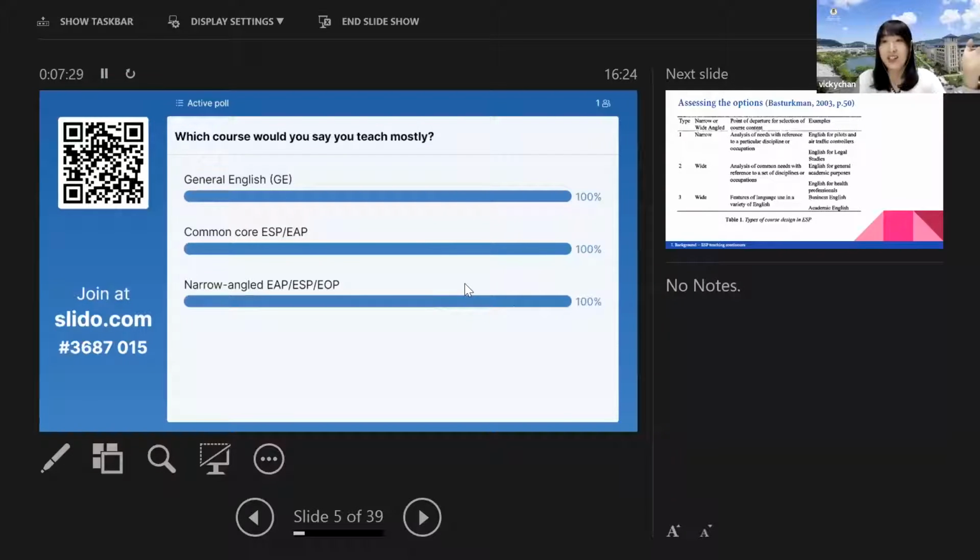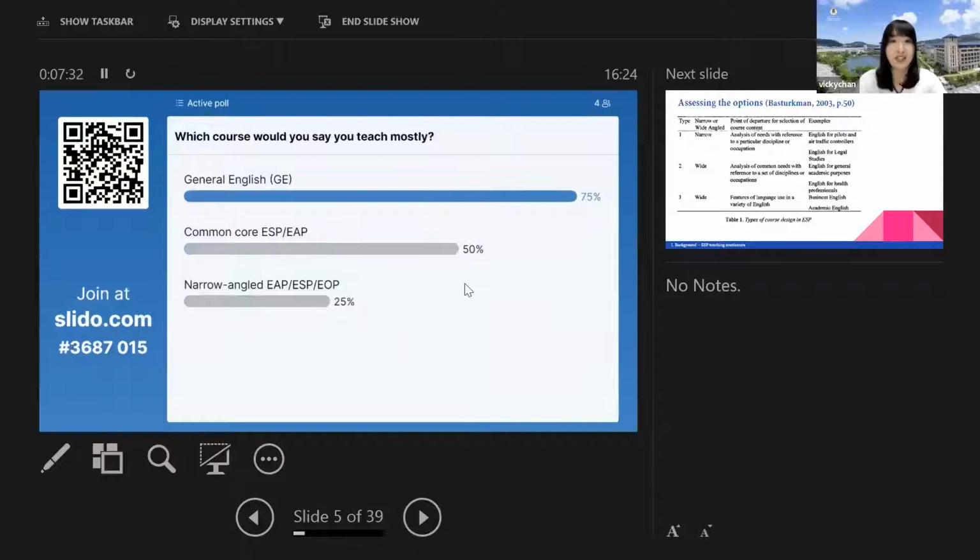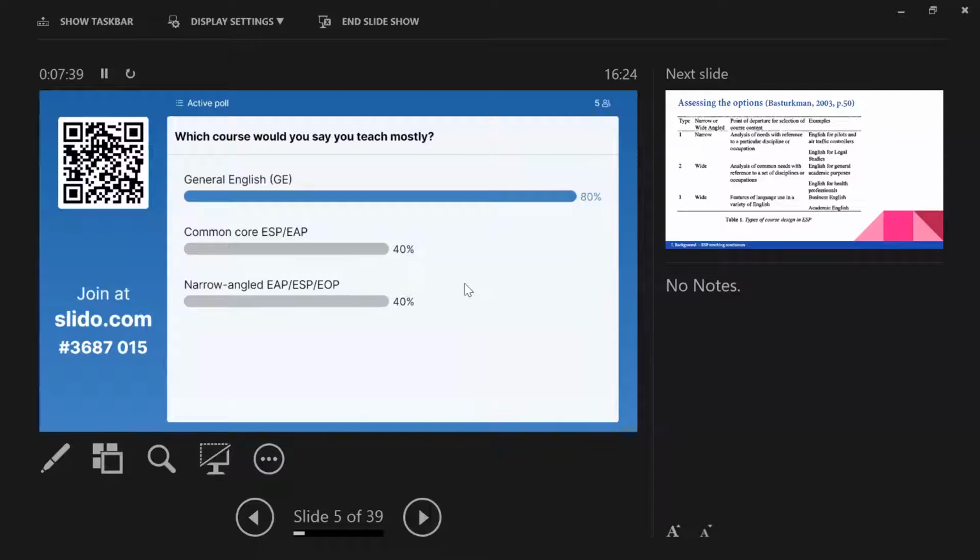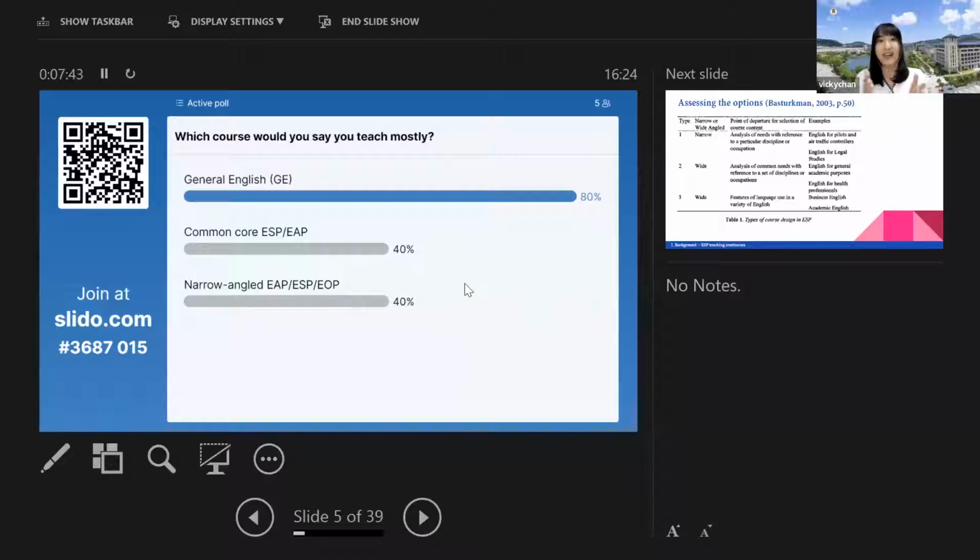Like if you teach general English at work more, you can select GE. If you teach Common Core, the more one fits a variety of subject areas. Common Core ESP, you can select the second one. If you teach a highly narrow focused EAP, then you can select the last one.